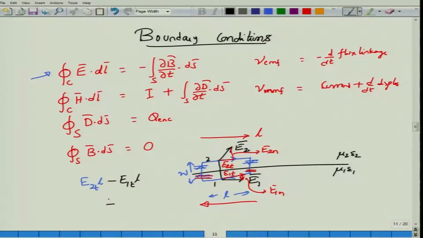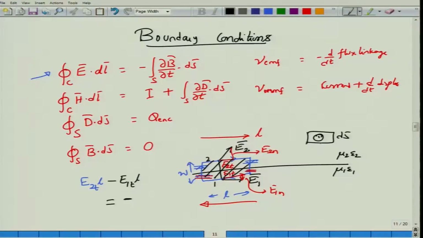But what is on the right hand side? On the right hand side I have a minus sign here, that is no problem. But then the total flux that is linking this closed loop has to come because of the magnetic field that is coming out of this particular surface. So now I have taken this surface and I need to find the normal component of this surface, and integrate del B by del T onto that normal component.